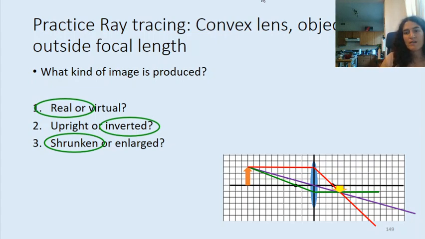It's shrunken, right? So because the image height is smaller than the object height, then you would say that it's shrunken. Okay, so if I was writing out what is the magnification of this image, I would say the image height is smaller and inverted. So the magnification would be less than 1 and negative, right?